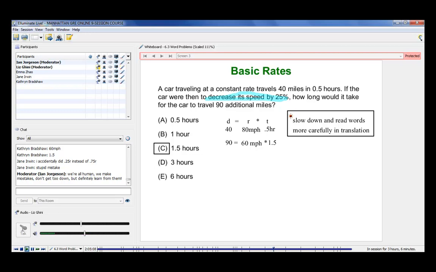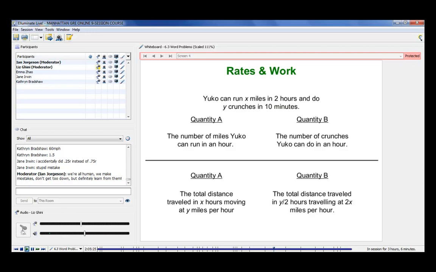Okay, let's try another one. I have a cute QC set, and you just have to notice really carefully exactly what the problems say. So let's try that, and translate. Try these, and we'll take 2 minutes and 30 seconds for both of them.